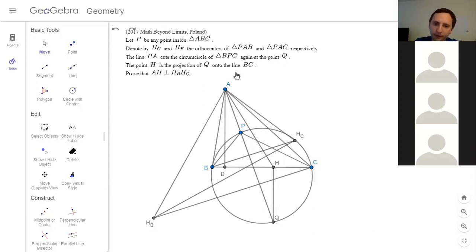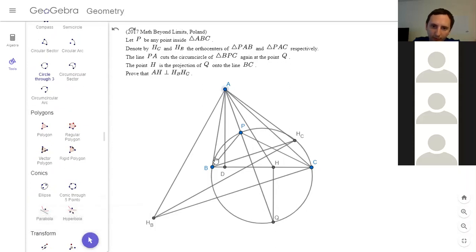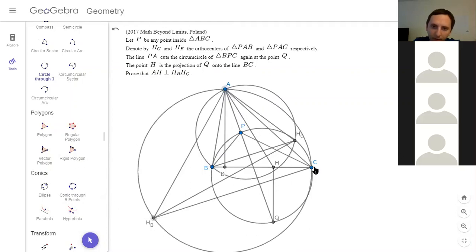So P is the orthocenter of two different triangles: the orthocenter of this one, and it's also the orthocenter of that one. So maybe we could do stuff with homotheties, because this is the reflection of P over BHC, and if we extended it, this would be the reflection of P over HBC.